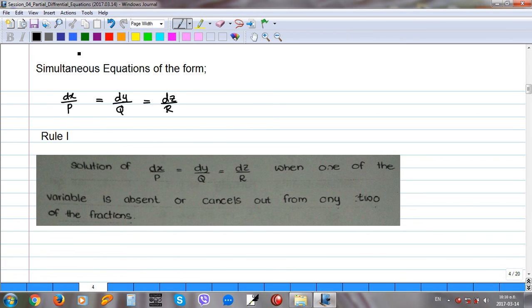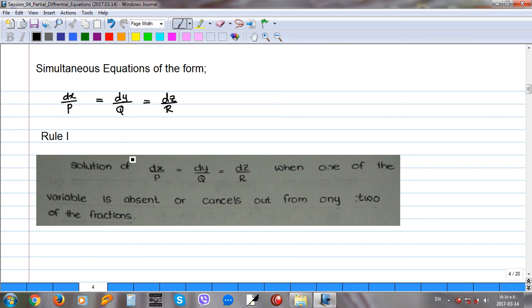Then next one, simultaneous equations of the form dx over P equals dy over Q equals dz over R. There are three rules we are going to learn for simultaneous equations of this format.